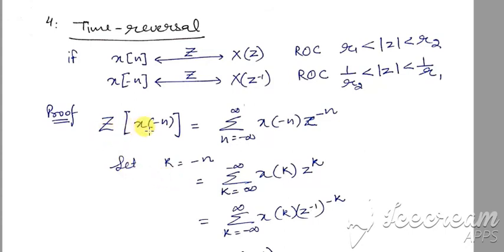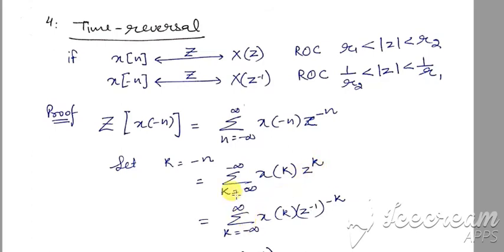Z transform of x[minus n] will become summation n is equal to minus infinity to infinity x[minus n] z raised to the power minus n. Let k is equal to minus n. We can put in this equation k is equal to minus n. Then the limits will become k is equal to infinity to minus infinity x[k] z raised to the power minus k.